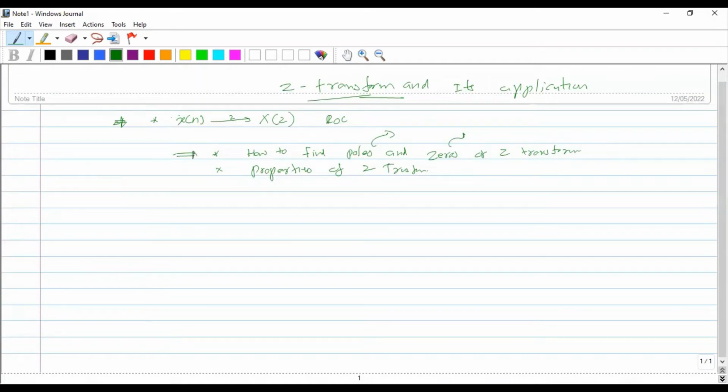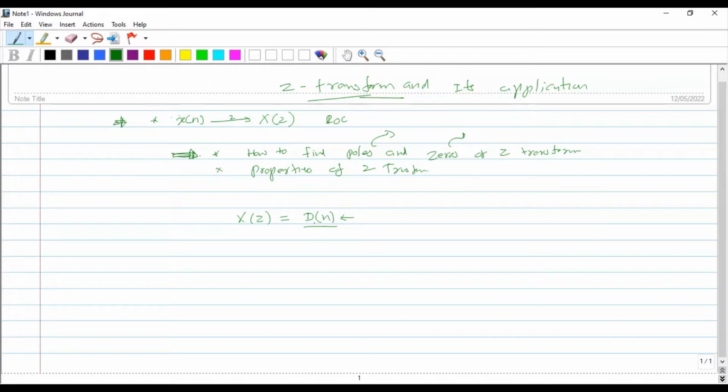First focus on this. Okay, we will just have a quick recap. So you already know that if we have a Z transform, most probably it is a ratio. So we have a denominator, and we have a numerator.